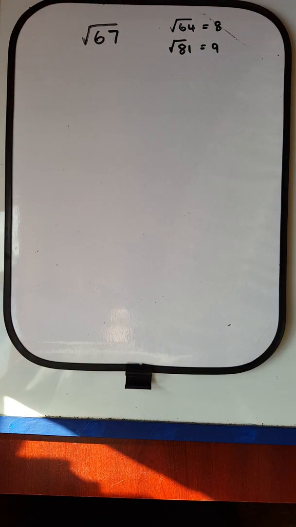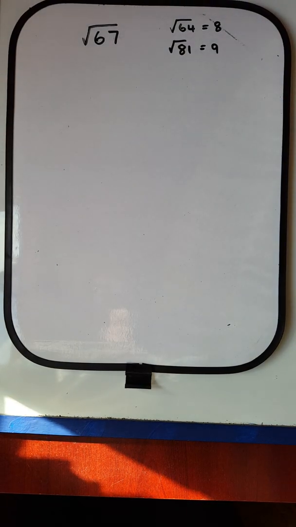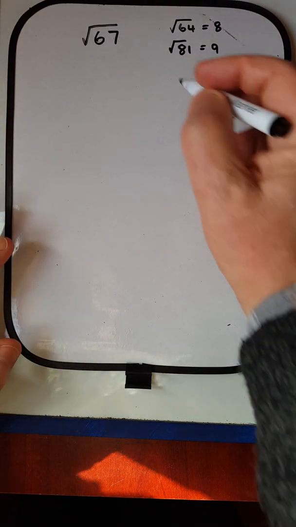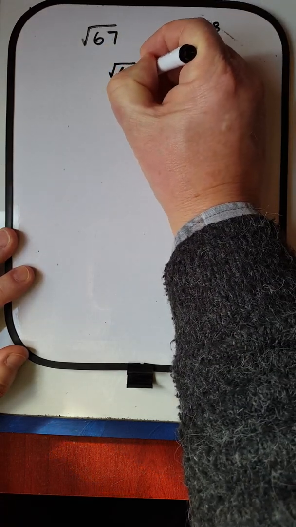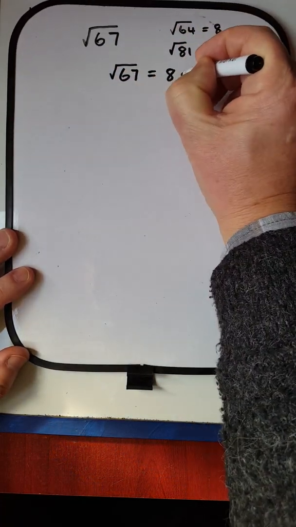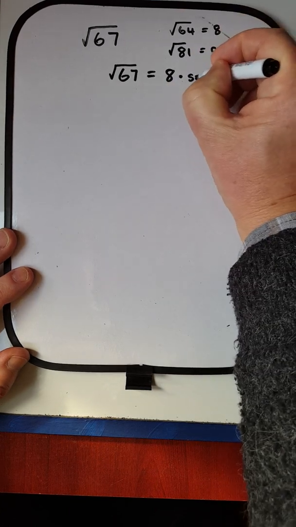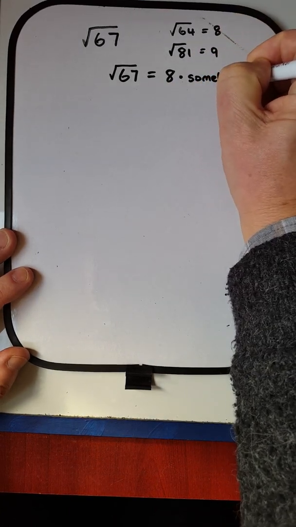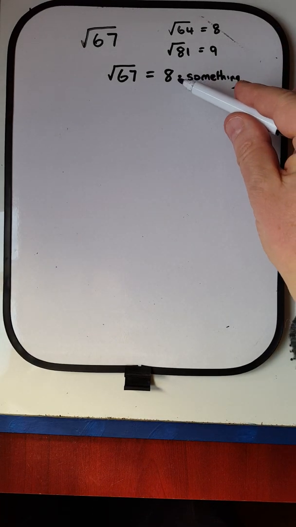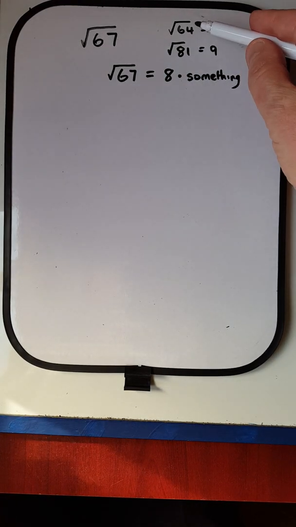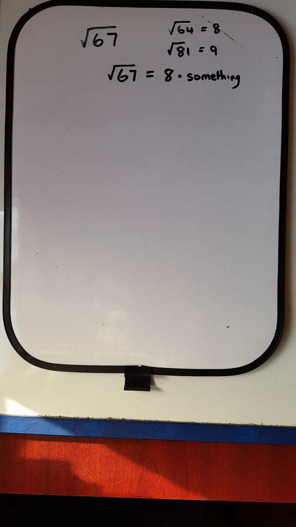Now, I know also that 67 comes between 64 and 81. So I know that the square root of 67 is going to be 8 point something. And I know it's probably going to be a lowish number because 67 is closer to 64 than it is to 81.